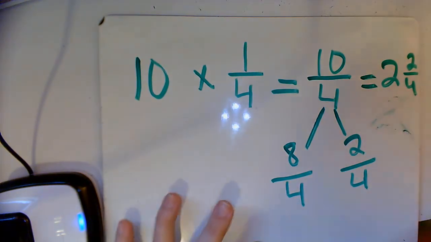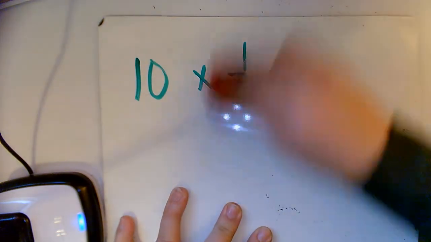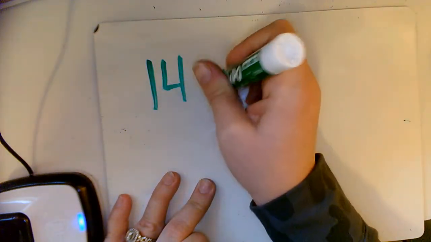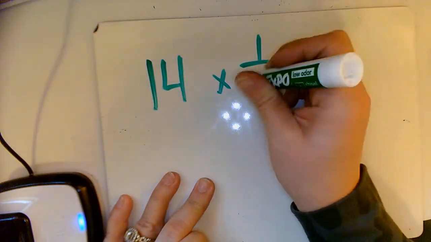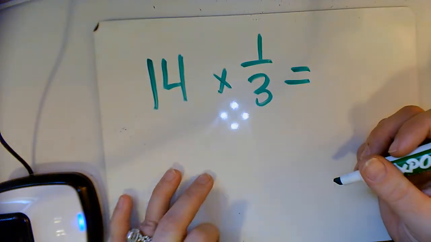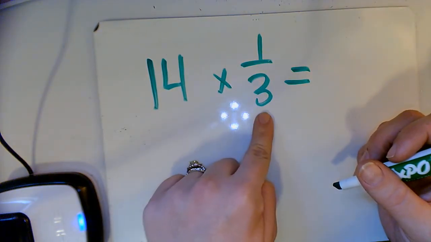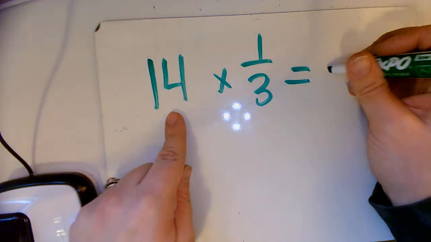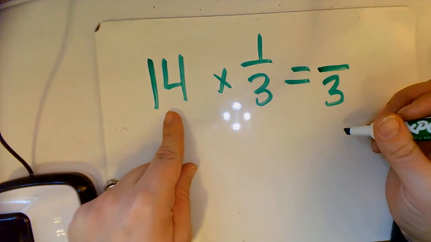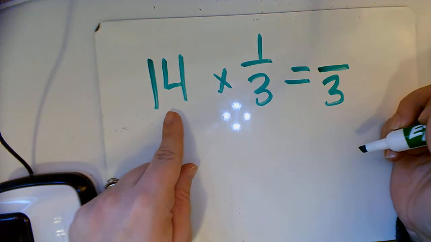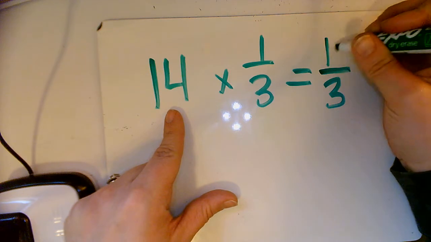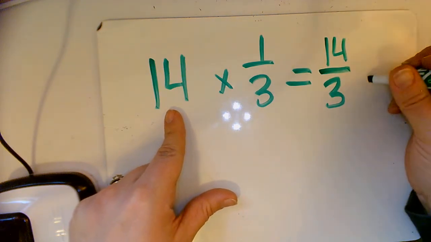All right, we'll do 2 more together. 14 times 1/3. 14 copies of 1/3. 1/3, 1/3, 1/3, 1/3. Or we can just think our multiplication, our denominator staying the same. 14 times 1, 14/3.